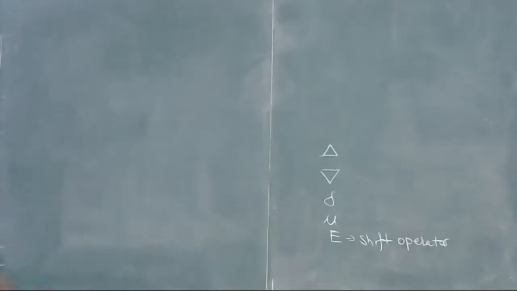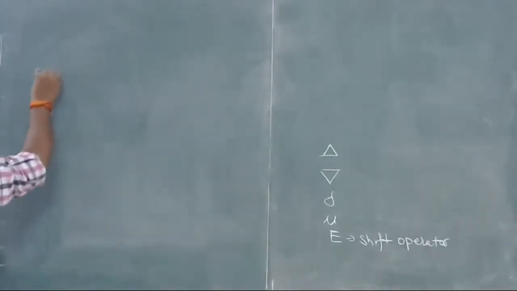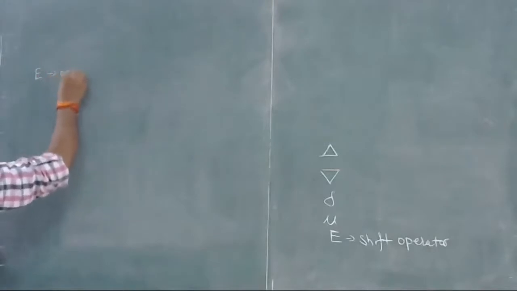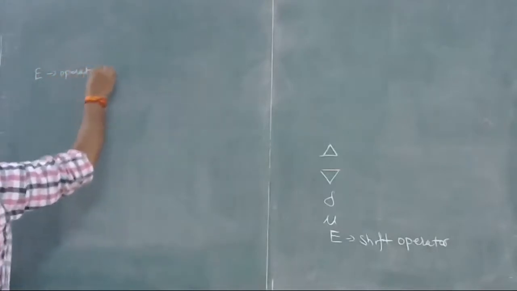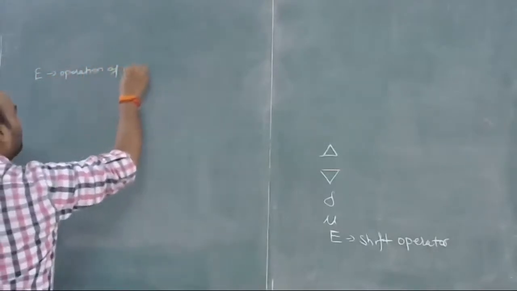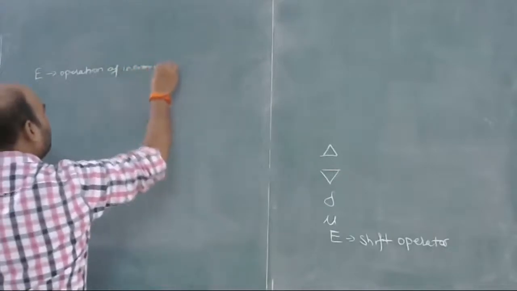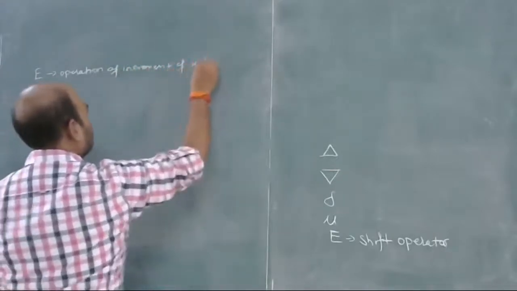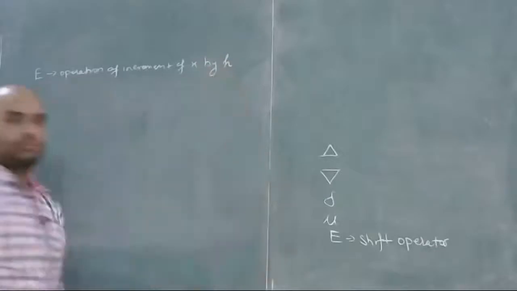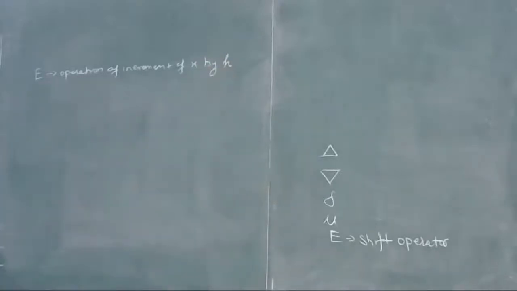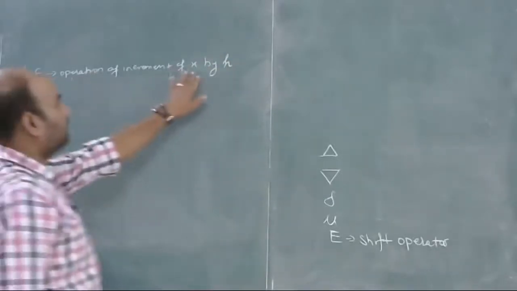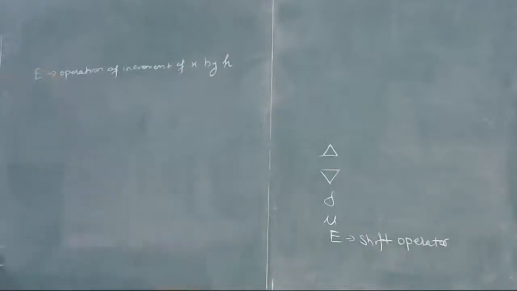So E is the operation of increment of x by h. By E you increase the value of x by h, small h.